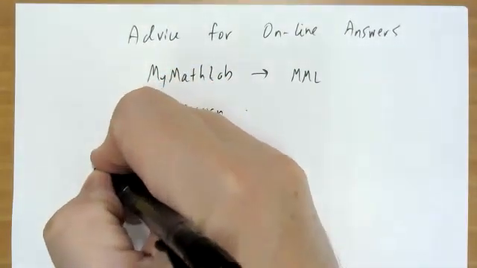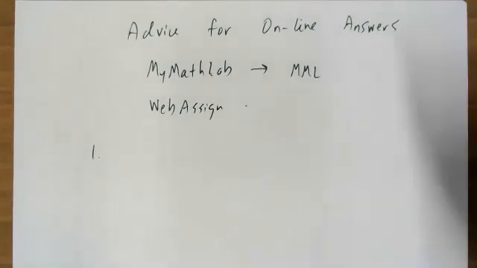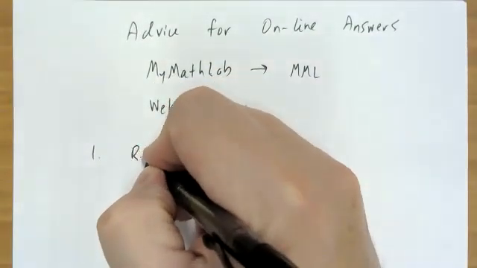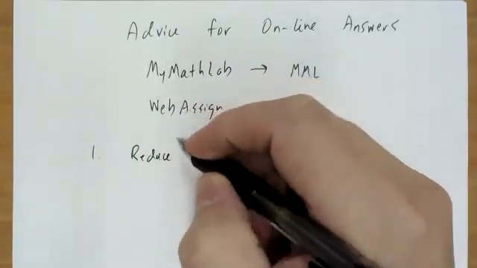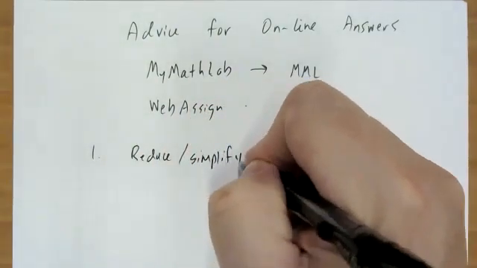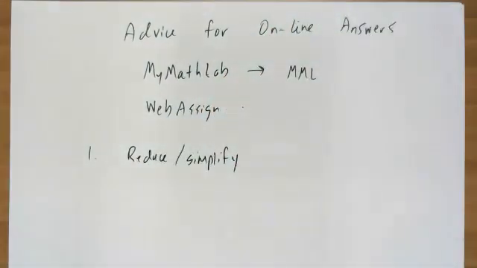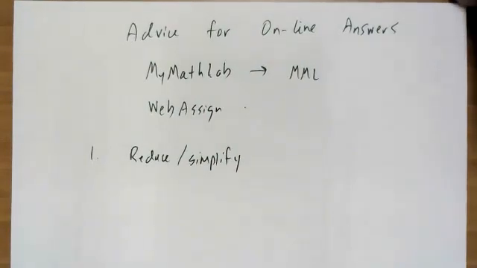The first one is, and hopefully you've learned this in math, whenever you're finished with a math problem in the world of math, you're taught to either reduce or simplify your answer.